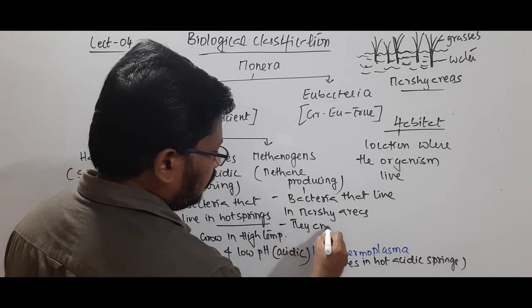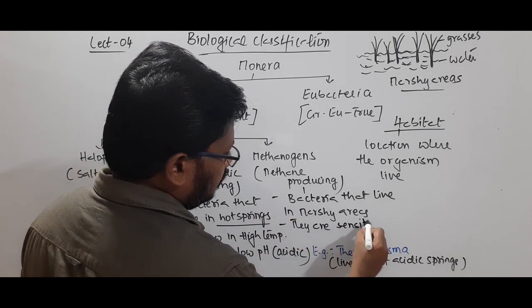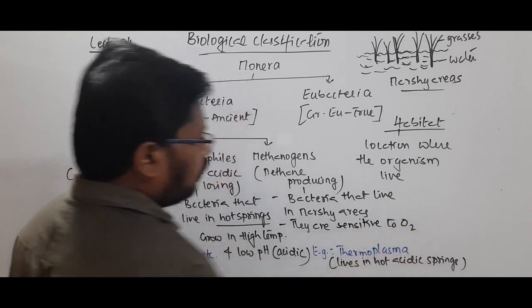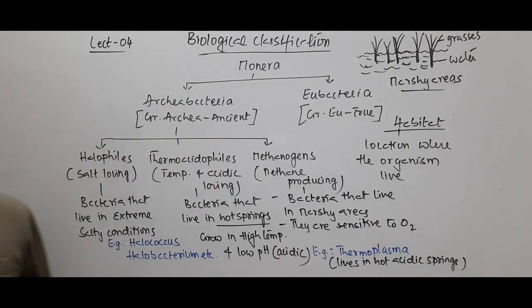They are sensitive to oxygen. Okay. And they also don't have peptidoglycan in their cell walls. I think I already mentioned that point. The archaebacteria are different from other bacteria.